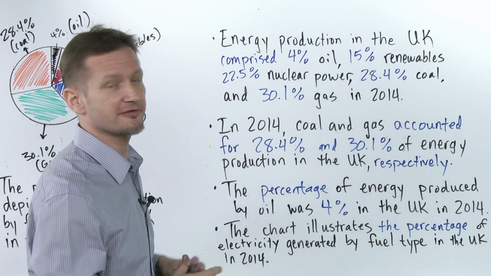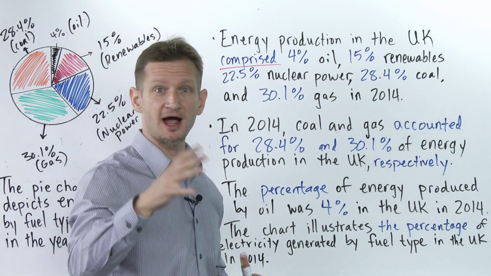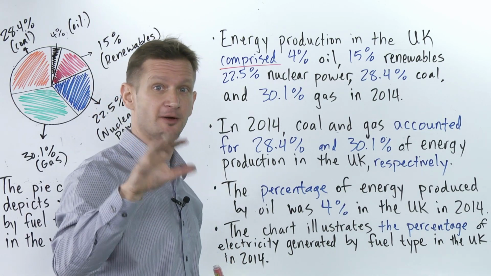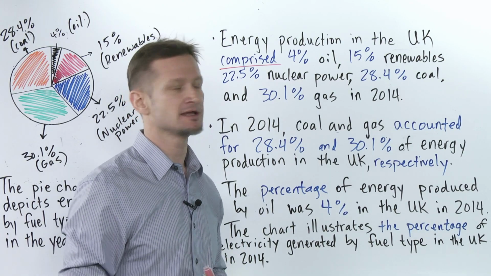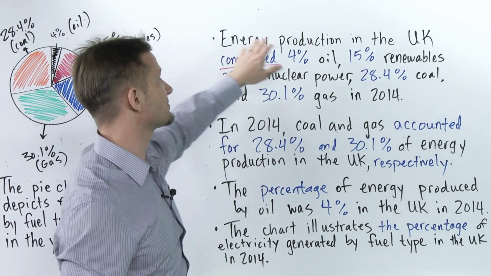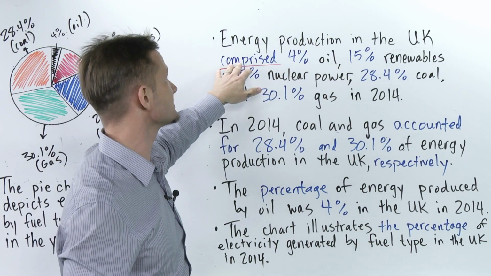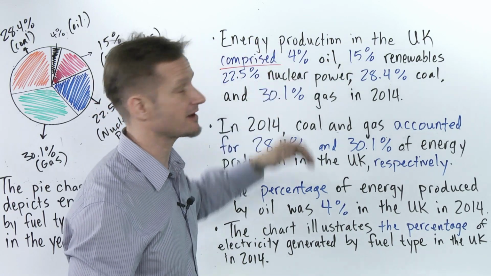Okay, first off, let's look at this word, comprised. Comprised is a really high level vocabulary word. If you can find an appropriate place to use it and you can use it correctly, do it. Comprised means to be made up of. So energy production in the UK comprised, or is made up of, means the same thing.